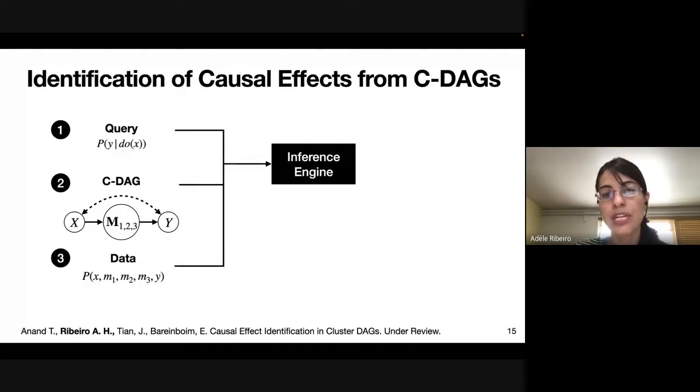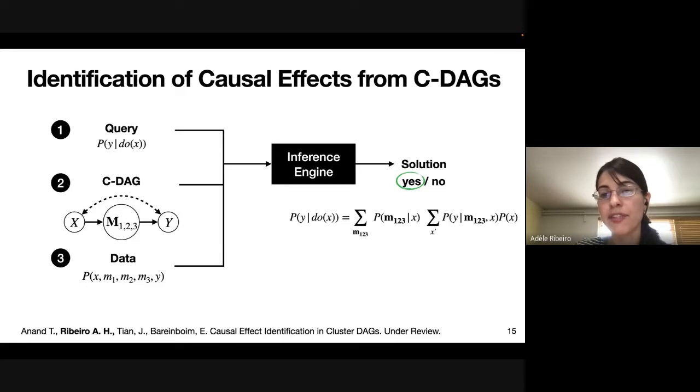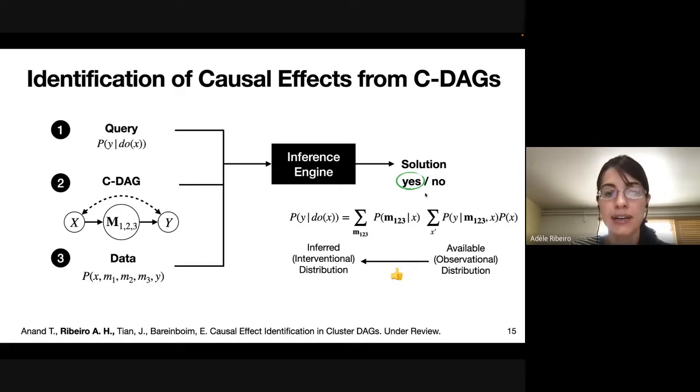So we will, for example, consider these 3 inputs to the causal inference engine, and then we will have a solution every time that we can express the causal effect in terms of the clusters as units. So we don't care about the relationships among the variables in the cluster, and the expression is in terms of these clusters. So every time that we can describe this relationship, we have that the effect is identifiable.